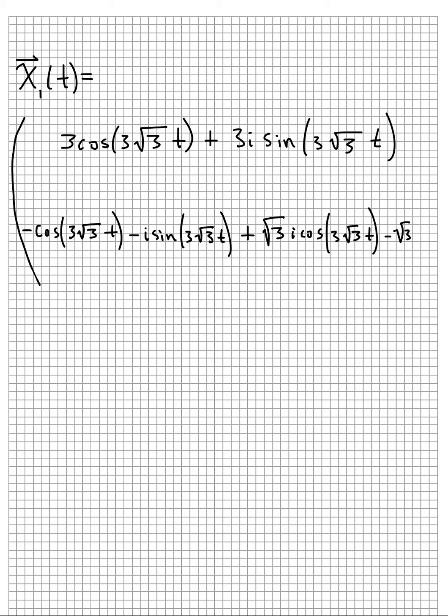No, I can't. So let me just extend it down 1. Forgive that, I just ran a little bit out of space. It's going to be minus square root of 3 times sine of 3 times the square root of 3 times t, close.